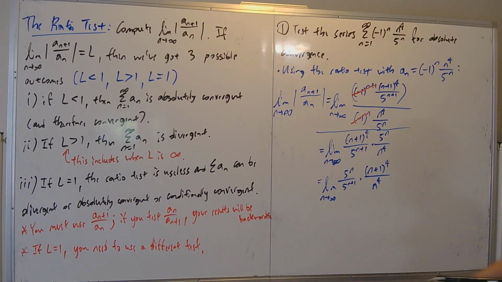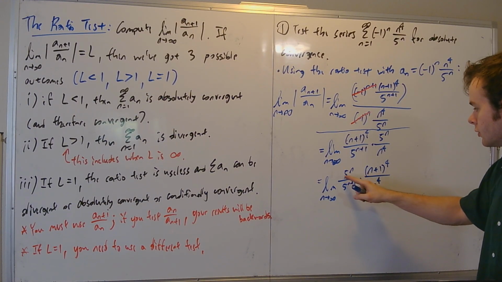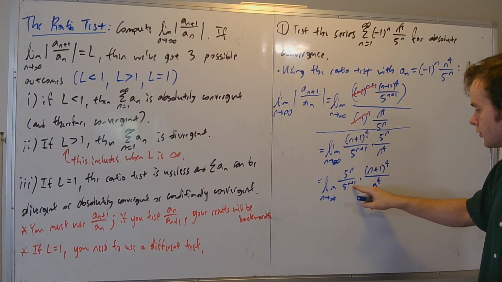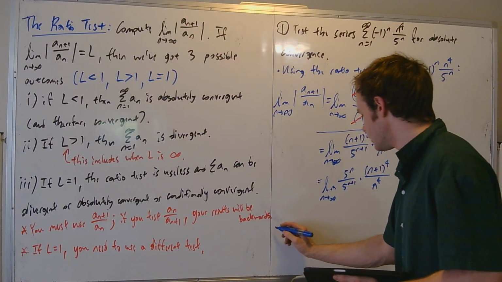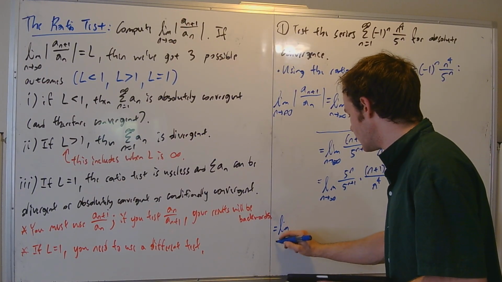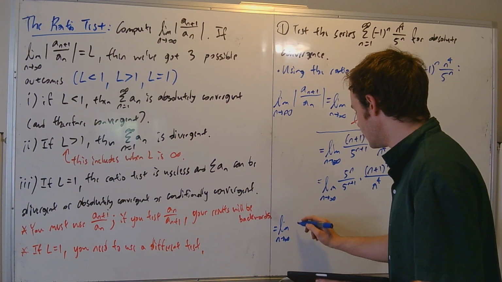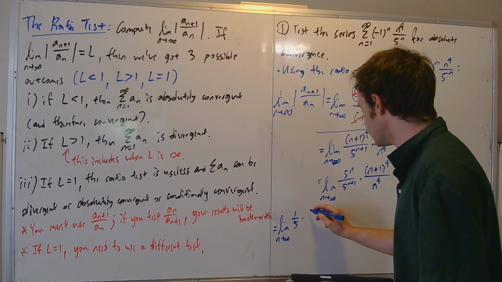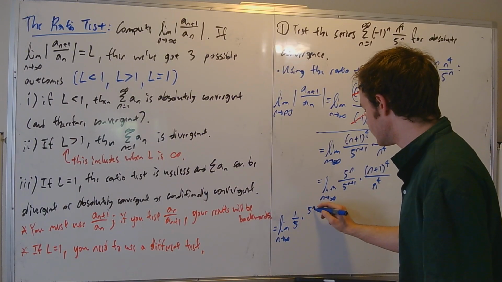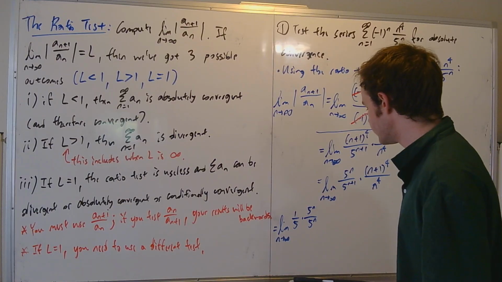And now the reason why I did that is if we're going to multiply, so notice that 5 to the n plus 1 is the same thing as 5 times 5 to the n. So I'm going to rewrite this as the limit as n goes to infinity of 1/5 times 5 to the n over 5 to the n.